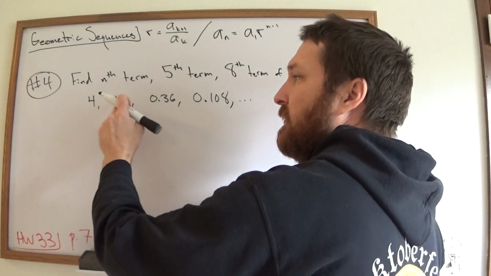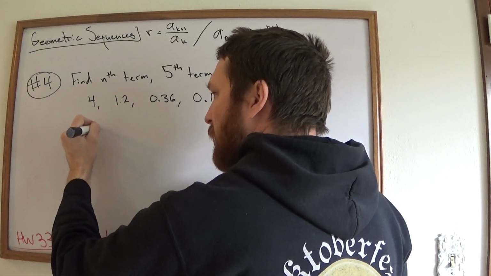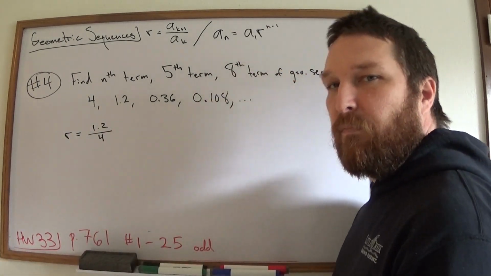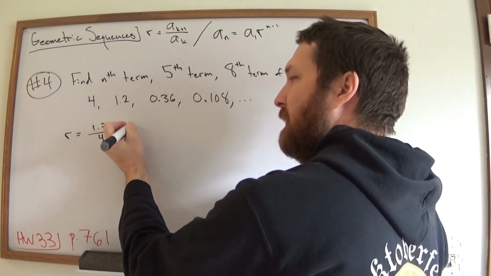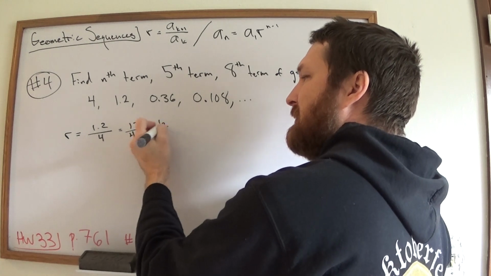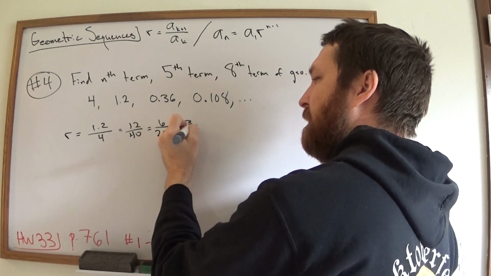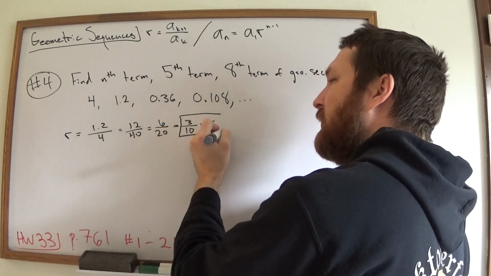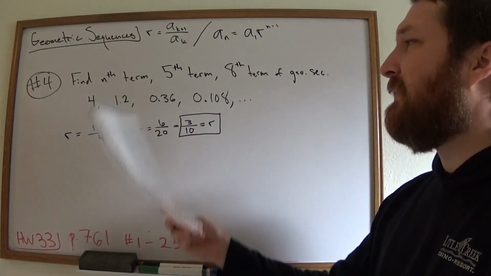So I'm going to take the next one, divide by the previous one. And so I have 1.2 divided by 4. Now, we could break out long division, or I could multiply the top and the bottom by 10, giving me 12/40ths, which is the same as 6/20ths, which is the same as 3/10ths. I mean, they gave you decimals, right?